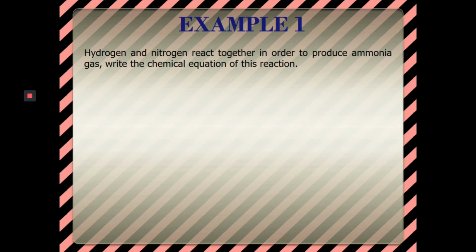Okay, so hydrogen and nitrogen, kena ingat kamu tak boleh tulis H plus N. Salah. Hydrogen and nitrogen is a diatomic molecule. Okay, so mana-mana elemen yang diatomic, mana-mana molekul yang diatomic, kita kena ingat kita kena letak H2, kita kena letak dia punya subscript dia.